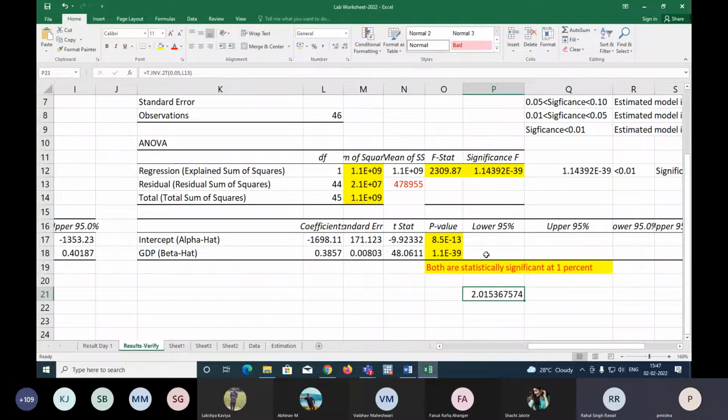Then what we are doing is mu plus minus sigma, the way you have done earlier, multiplied by this value. So the lower limit would be equal to beta hat minus this theoretical value into sigma, meaning the standard error.